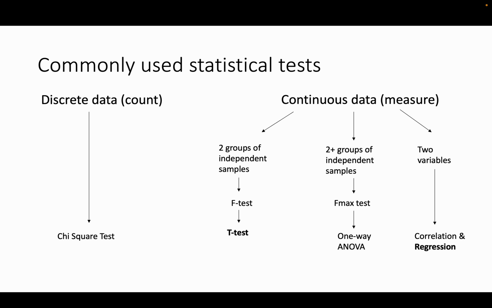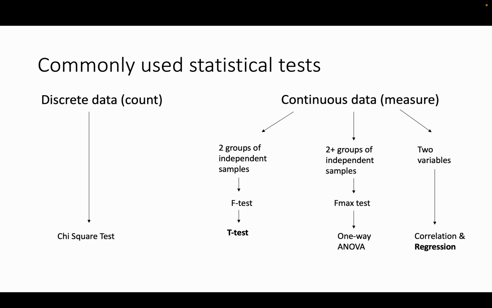All right, so we talked about what the p-value means and how to analyze it. Let's again take a few steps back. There are many statistical tests. You have to choose the right statistical test to perform based on your data. So you can either have discrete data or continuous data. Discrete data is data where you are counting something and you can categorize these things.